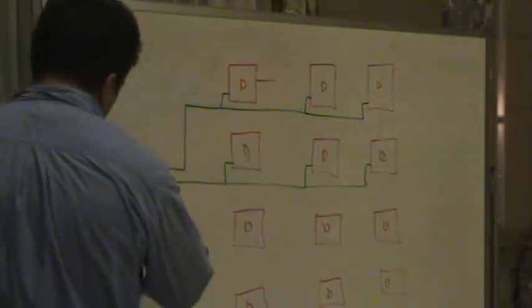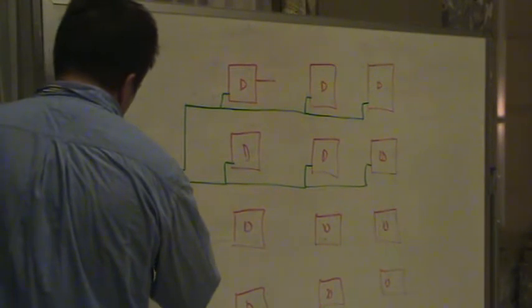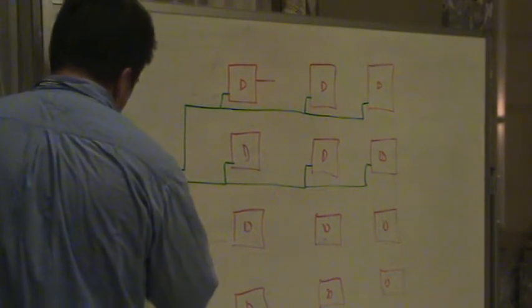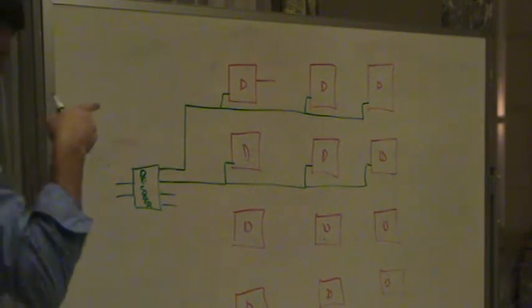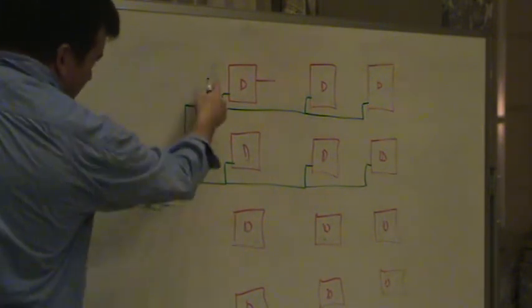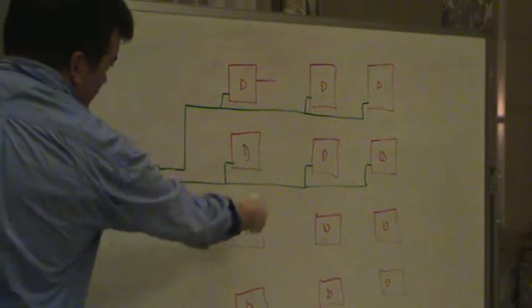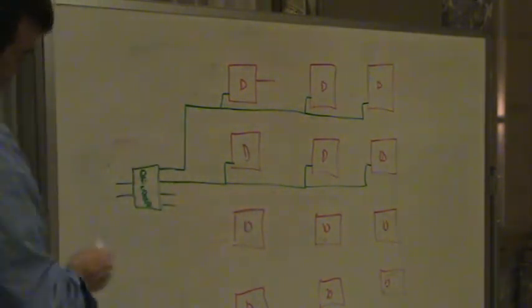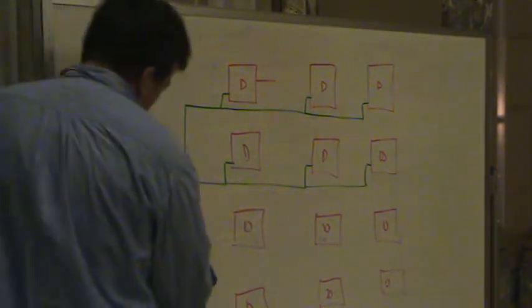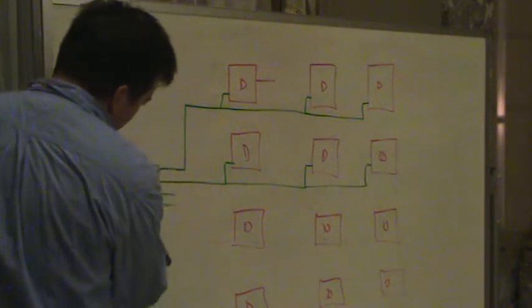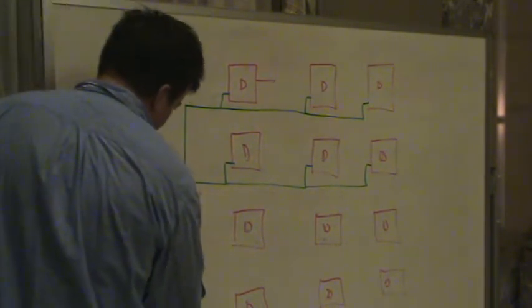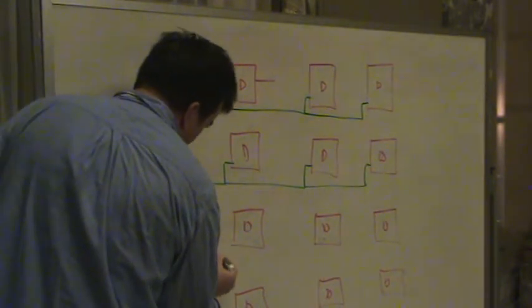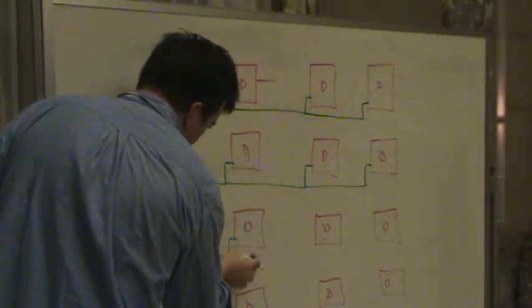So this decoder is my way of saying I want, let's say, the number 2 row. The way I do that is I put a 2 here, and that will cause line 2 to have electricity and all the others won't. So I can go like this.